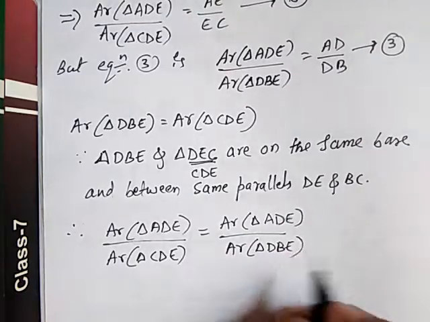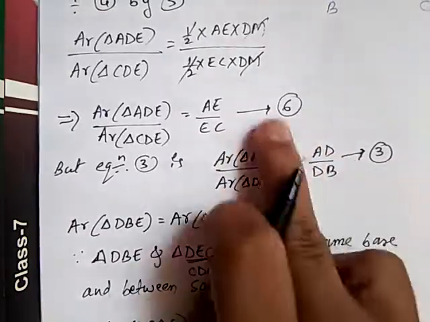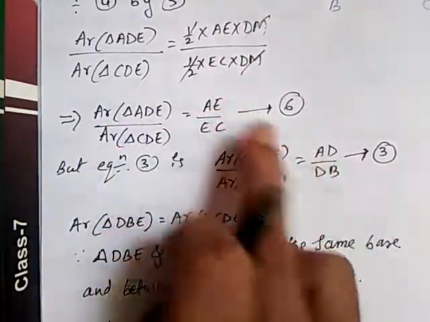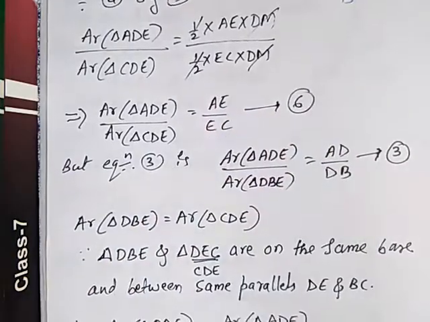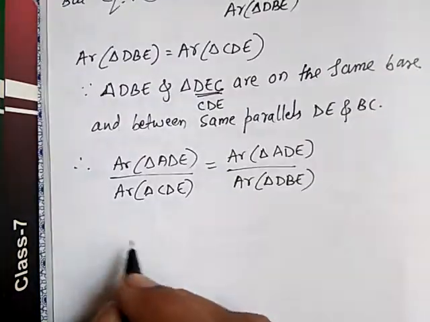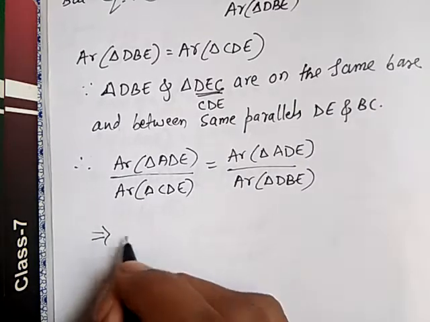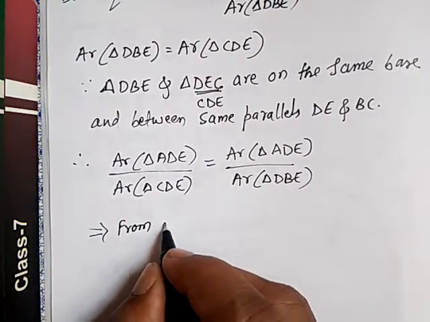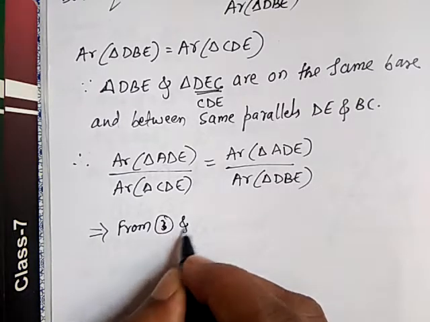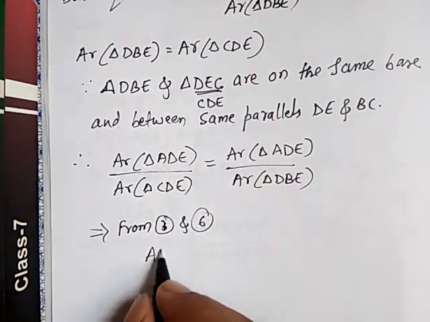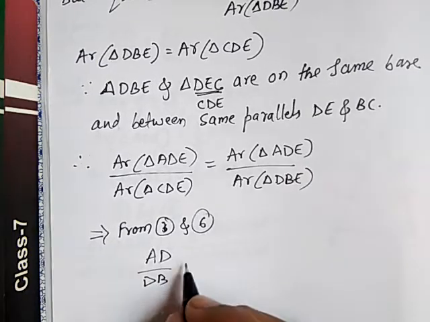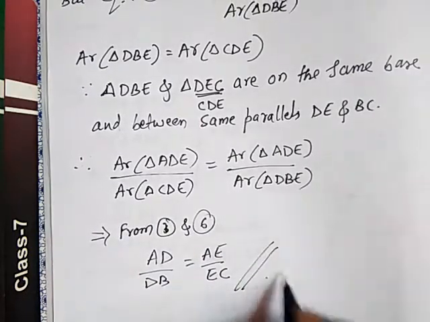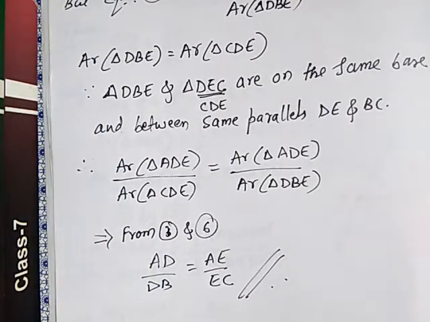See here, equation number 3 and 6, these two are equal. If these are equal, LHS are equal, RHS are also equal. So you can write here, from 3 and 6, AD divided by DB is equal to AE divided by EC. This is the proof, hence proved.